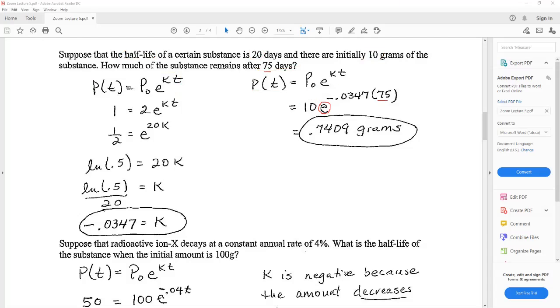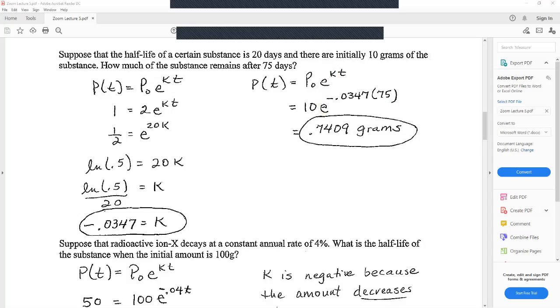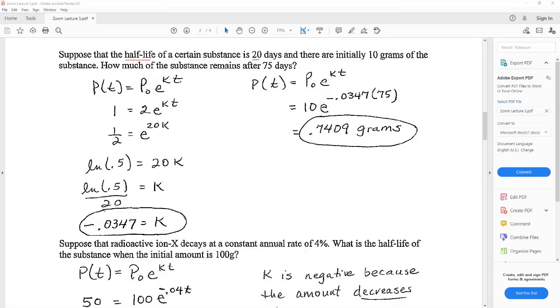As before, we need to go back and take our clues to figure out what is this k value, this underlying constant value? Well, to do that, I took the fact that the half-life of the substance is 20 days. Okay, so let's see how we figured out k.